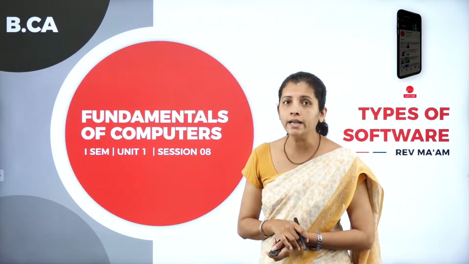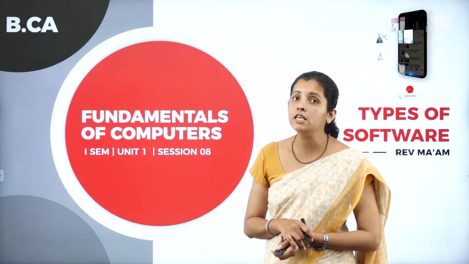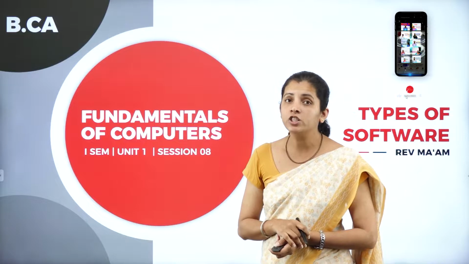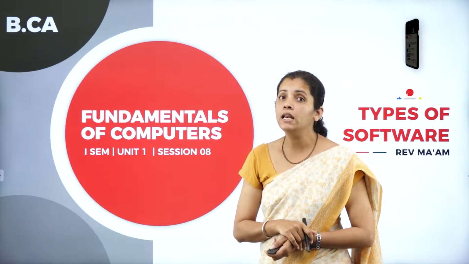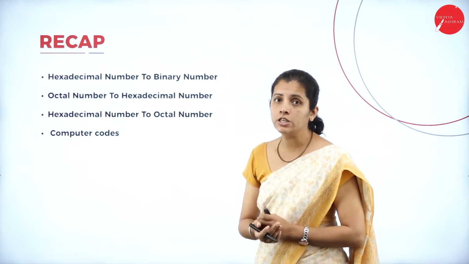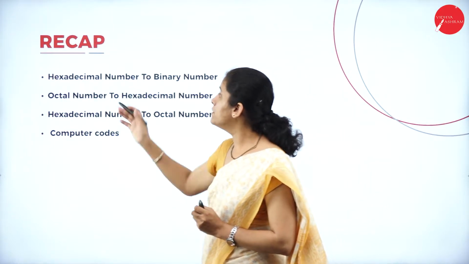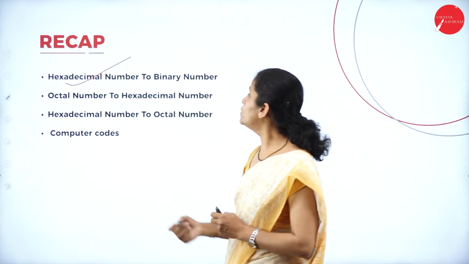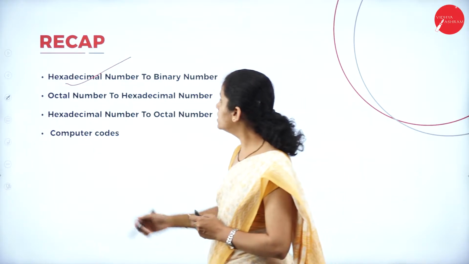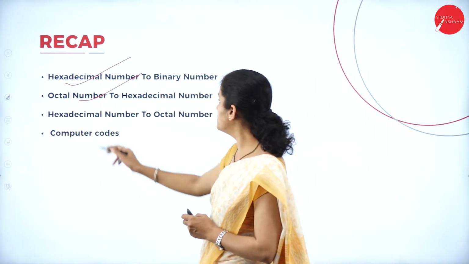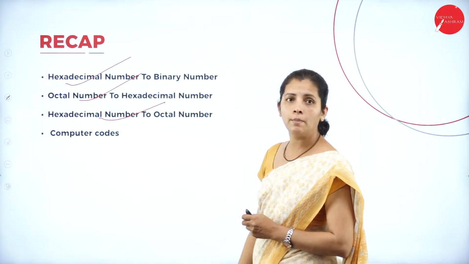So dear student, before going to start my today's session, let me recall the things which I have covered in my last session. In my last session, I have covered the following topics, that is hexadecimal number to binary number, octal number to hexadecimal number and hexadecimal number to octal number.